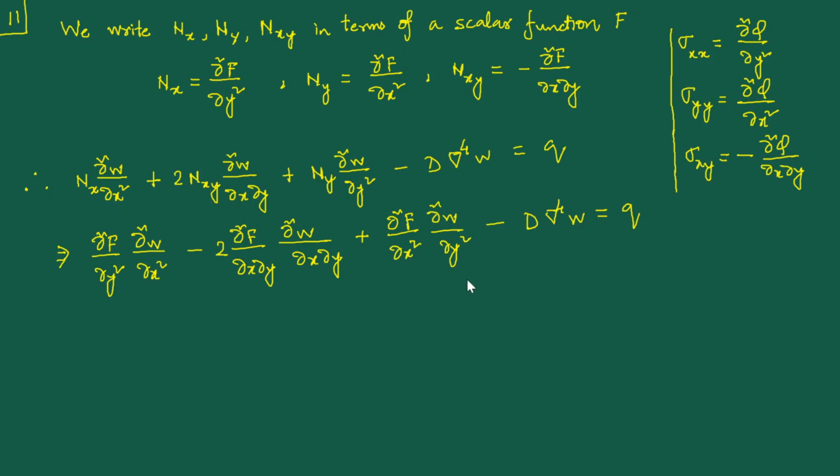This is a governing differential equation, no doubt, but it contains two unknowns, w and F. So it is now our responsibility to generate, so to speak, or to determine another governing differential equation, so that we'll have simultaneously two equations and two unknowns, so that the system becomes closed and we can actually solve for the unknowns. And that we'll do in the next video. Thank you very much.